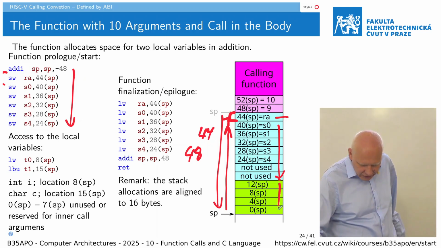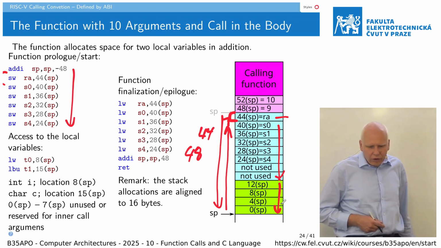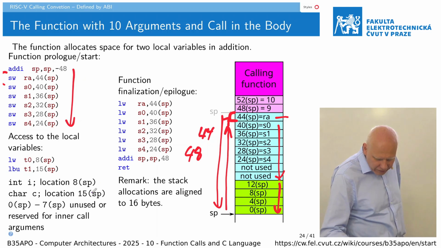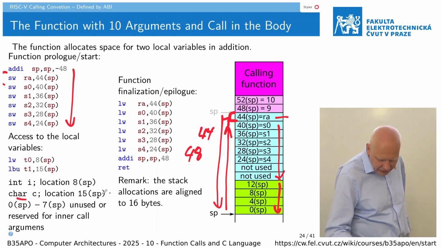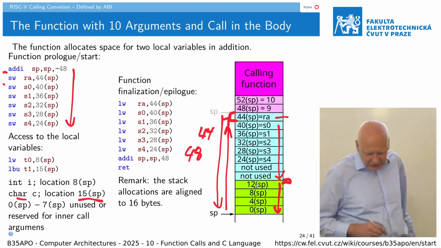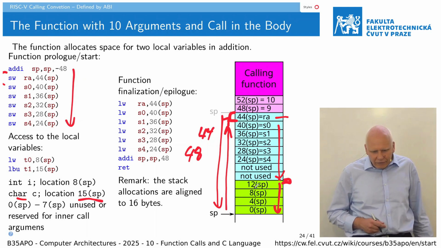And then we have a space for 4 local variables. For example, in this case, one of those local variables is only a character, so it is allocated at plus 15, exactly in the last part of this offset 12.